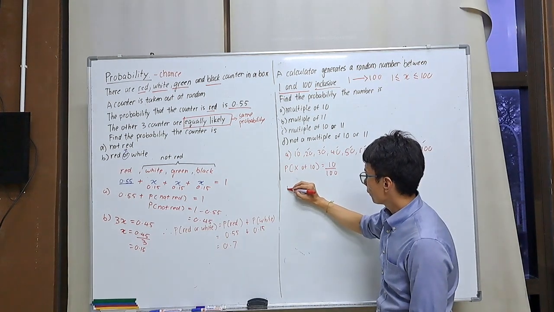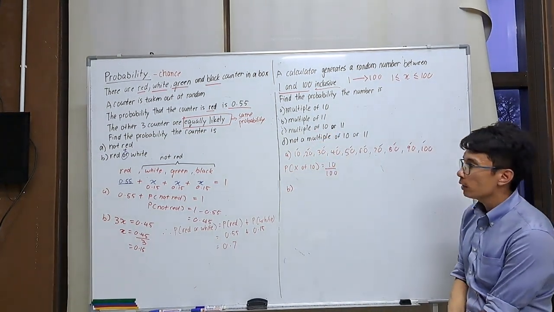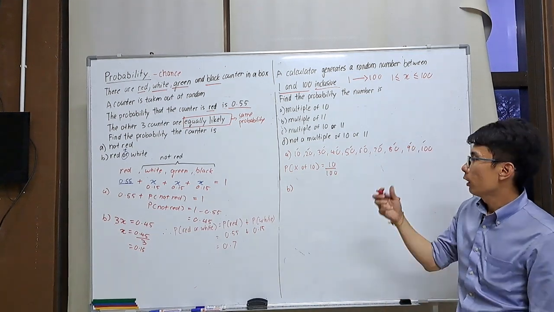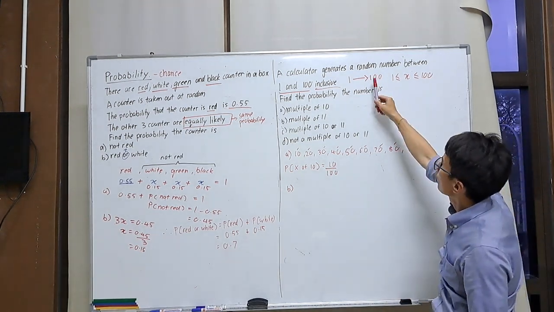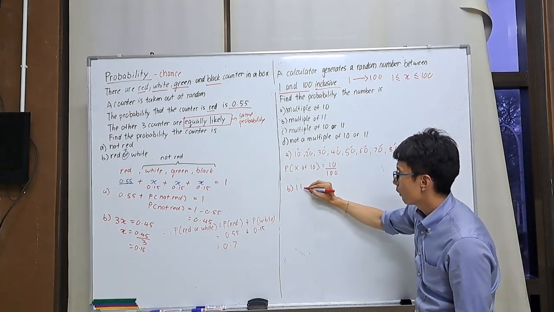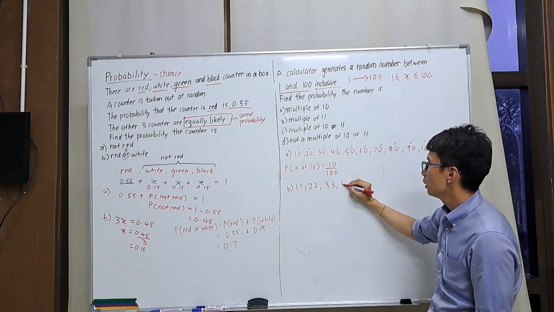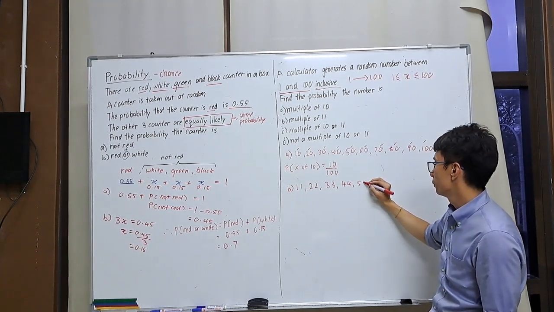And then B, multiple of 11. I will do the same thing, 11 times 1, and all the way until you reach here. So what do you get? 11 times 1, I'll get 11, and continue, I will get 22, 33, and so on.